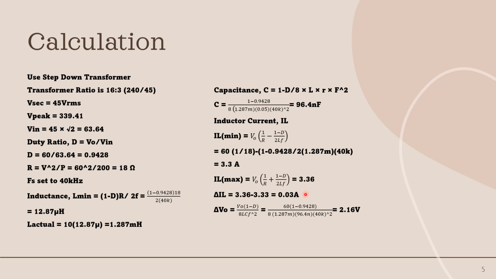So we get the average inductor current of 0.03 ampere. For the ripple, we use the formula V out times (1 minus D) over 8 L C F squared, and we will get the ripple 2.16, that is not more than 5%.